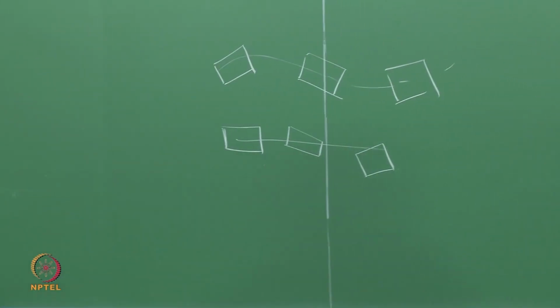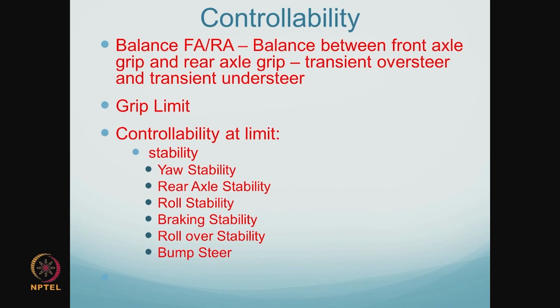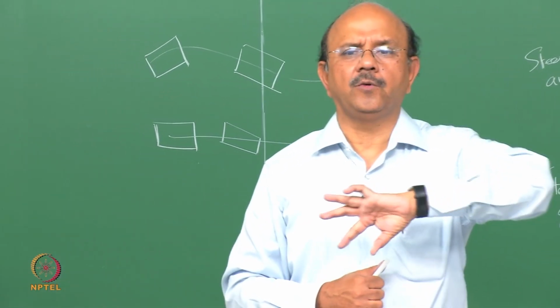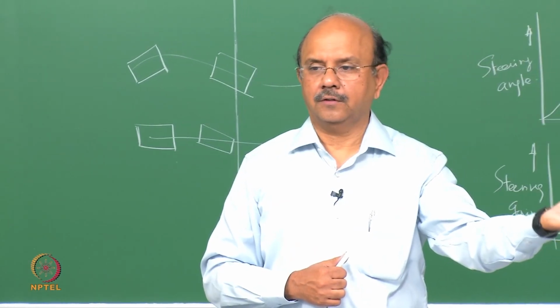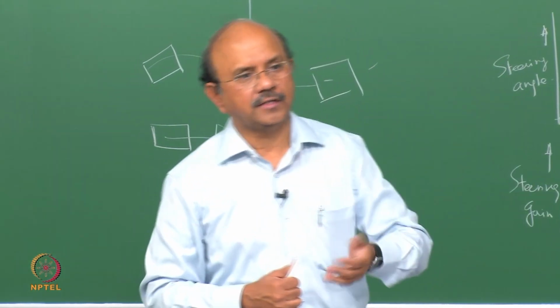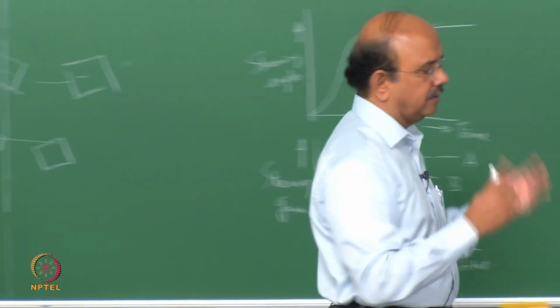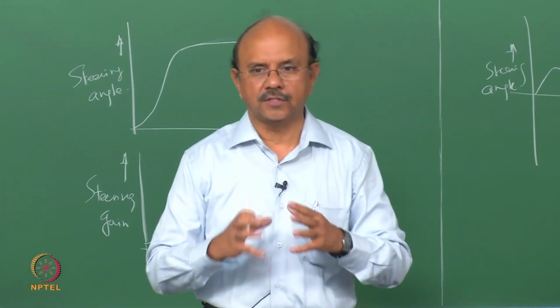Roll stability: as I take a turn, the vehicle rolls, right? This is slightly different from rollover stability, where we are looking at the propensity of the vehicle to roll over. This is a very severe test, usually done with a steering robot. There are standards for this and so on.